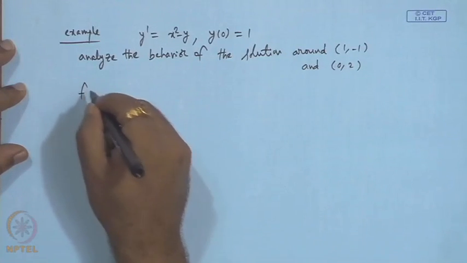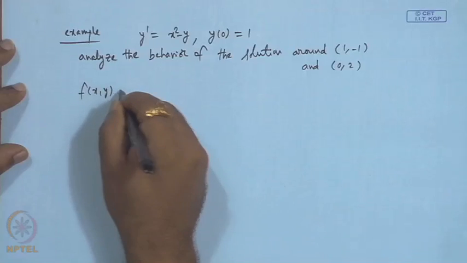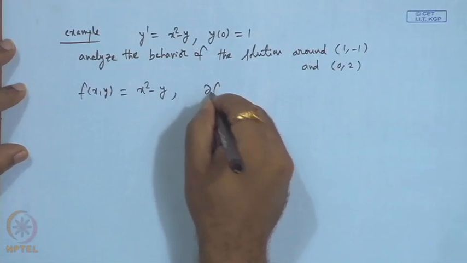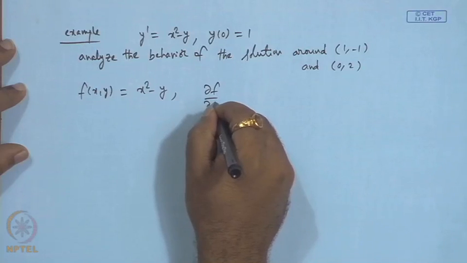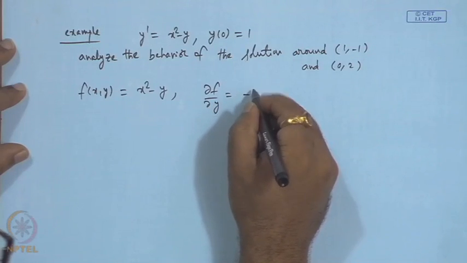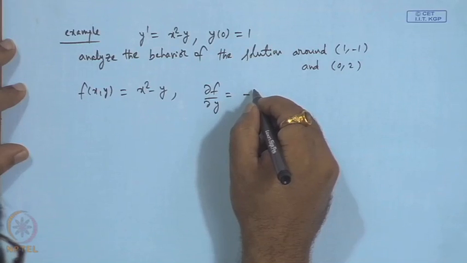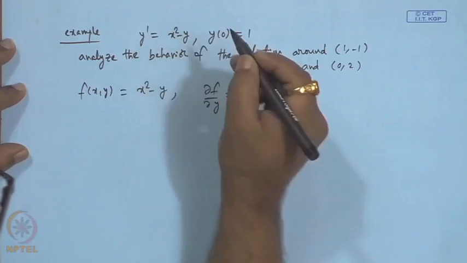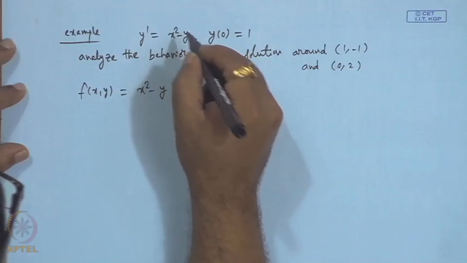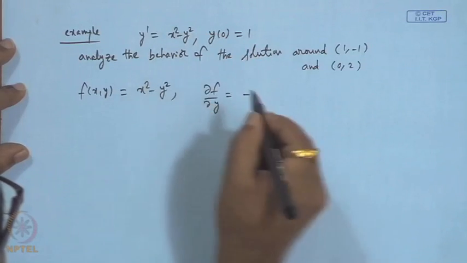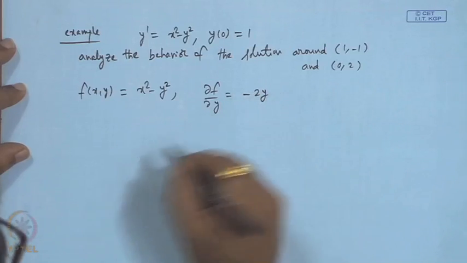So, now what is our f? Therefore, suppose let us have, so this will be minus 2 y.